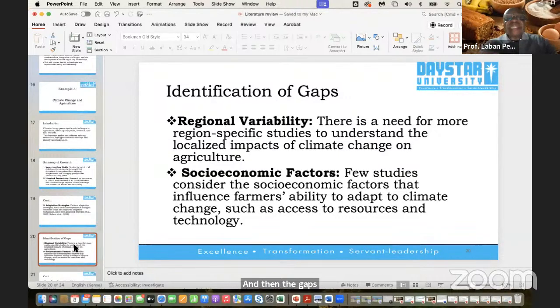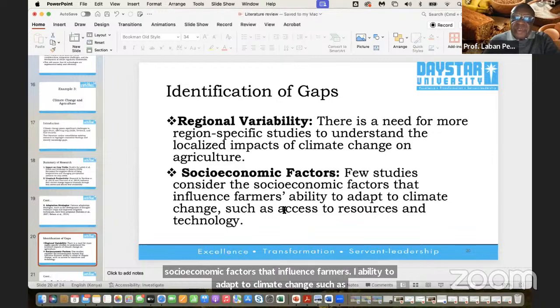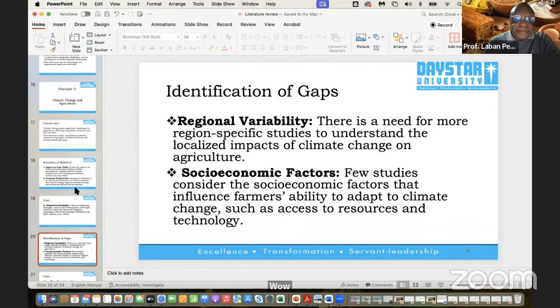And then the gaps. These are just examples to open your mind on how you're going to construct your chapter 2. Region variability. There's need for more region-specific studies to understand the localized impacts of climate change on agriculture. Socioeconomic factors, few studies consider the socioeconomic factors that influence farmers' ability to adapt to climate change, such as access to resources and technology.